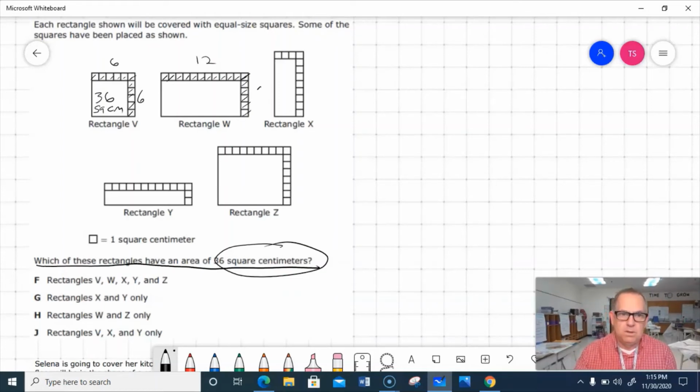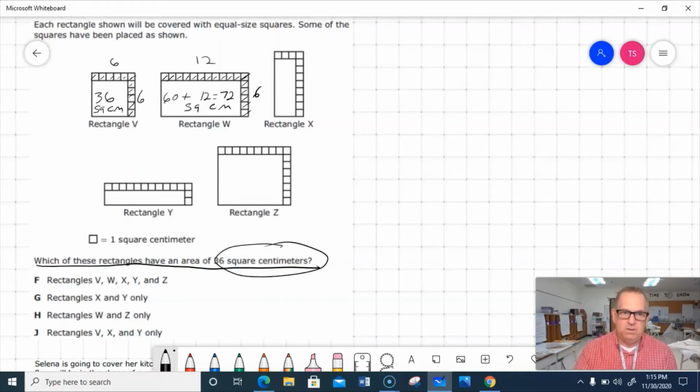So it's 12 centimeters by 6 centimeters. I know 10 times 6 would be 60. And 2 times 6 is 12. So that would equal 72 square centimeters.